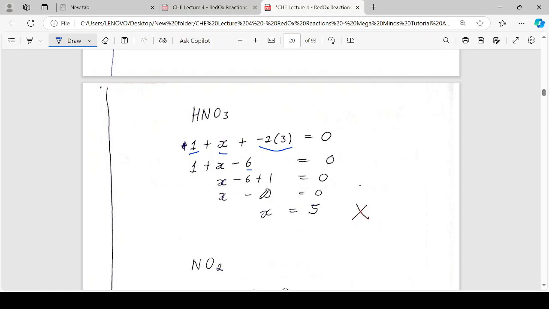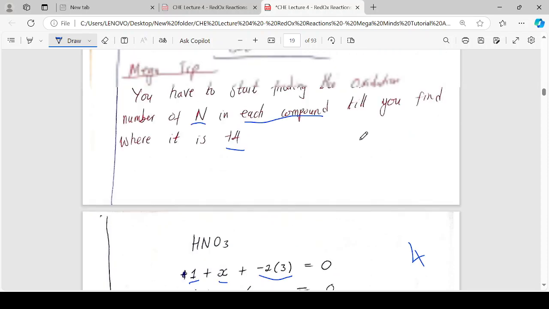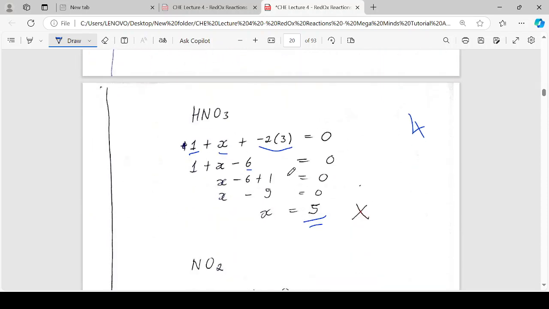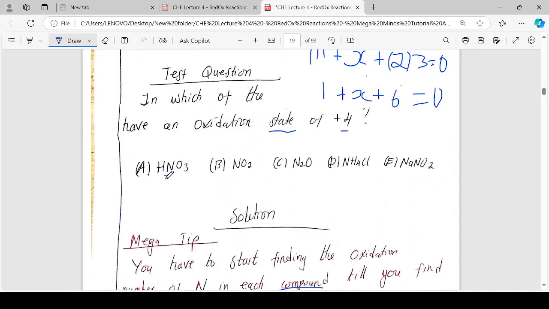Negative 6 plus 1 is negative 5. It goes to the other side, so x is +5. This is our answer, but this is not what we're looking for. We want to find where the oxidation number will be positive 4. We have found 5, so this one is not the answer.